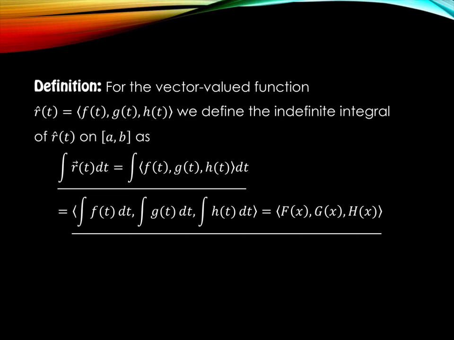But all of them are saying things you already know. We're just going to find the integral component-wise, just like we found the derivative component-wise. Take the derivative of each individual piece, we'll take the integral of each individual piece.